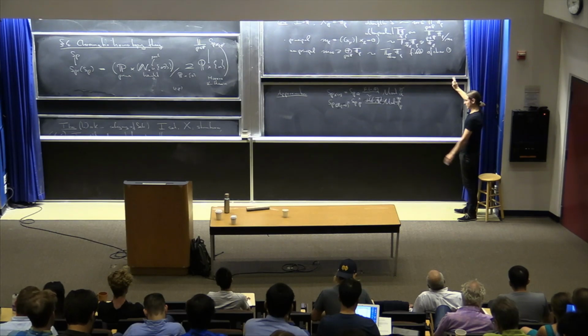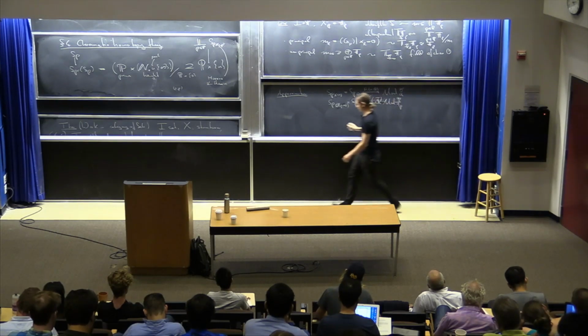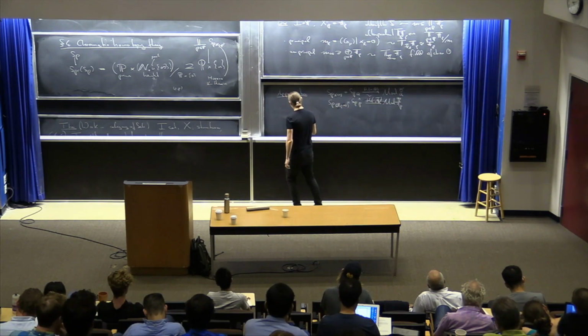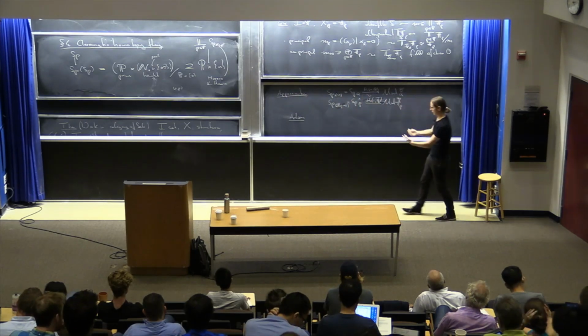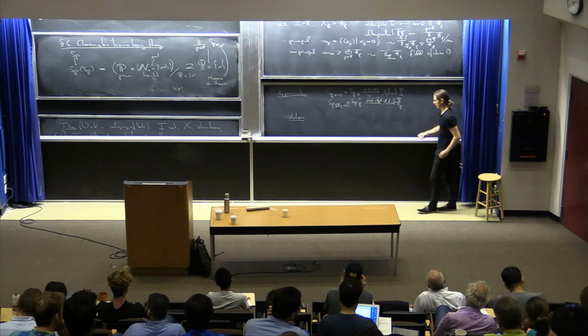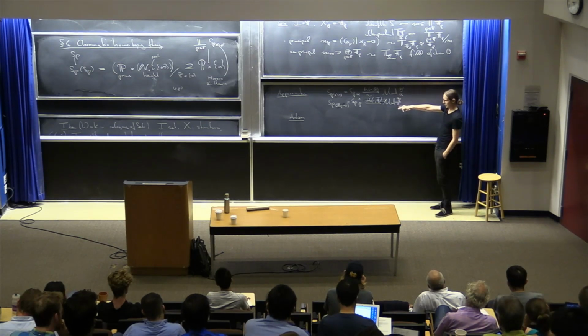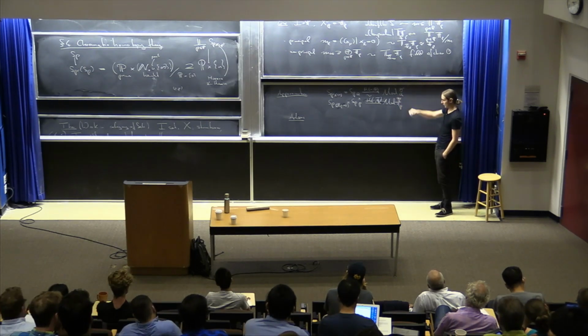So the first thing that people then tried is this idea of Adams's, that you really want to enrich your situation. You really want to also consider the co-operations here.